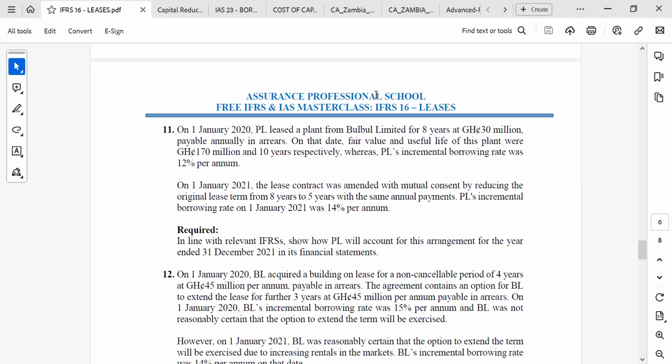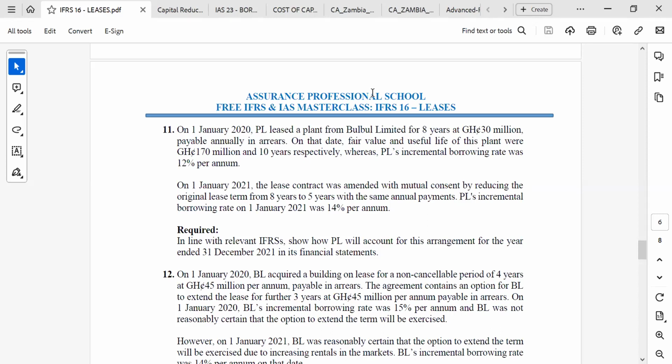On 1st January 2021, the lease contract was amended with mutual consent by reducing the original lease term from 8 years to 5 years with the same annual payment. PL's incremental borrowing rate on 1st January 2021 was 14% per annum. Required: in line with relevant IFRS, show how PL will account for the arrangement for the year ended 31st December 2021 in its financial statements.